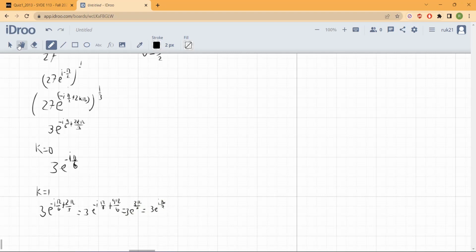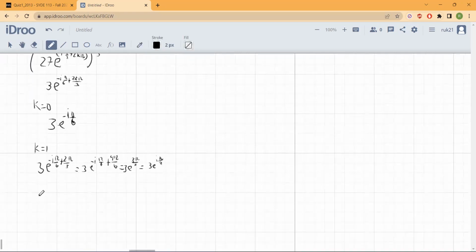Okay, and then finally, we're going to find our third root, and that's at k equals 2. And at k equals 2, that's going to be 3e to the negative i pi over 6 plus, and if we substitute 2 into here, it's going to be plus 4 pi over 3.